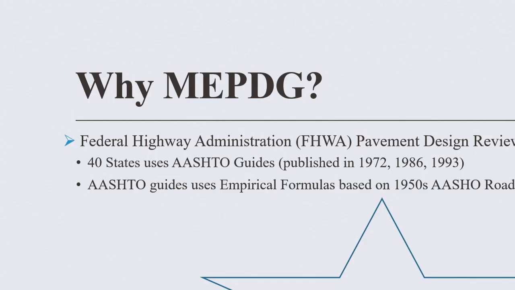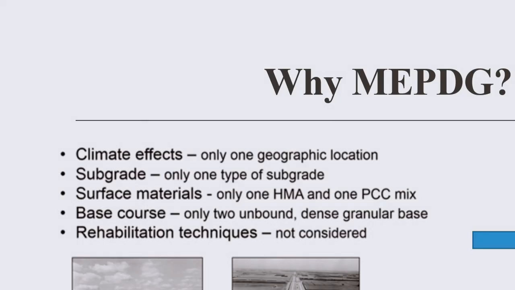So I talked about AASHTO. This basically gives you the development of AASHTO, and there have been so many modifications since then. But what happened under AASHTO? Well, you will notice that they did it at a particular place. Am I right?